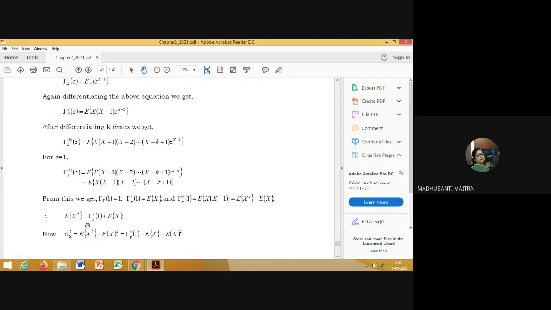So here we'll substitute this value to find the variance. So the expected value of x square will be tau double dash 1 plus expected value of x, and the third term will be minus the square of the expected value of x.